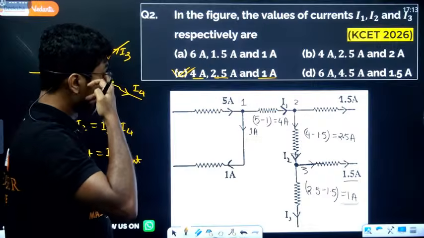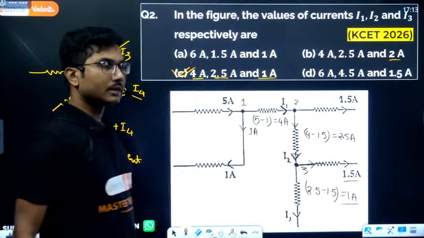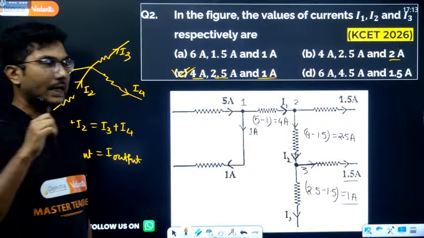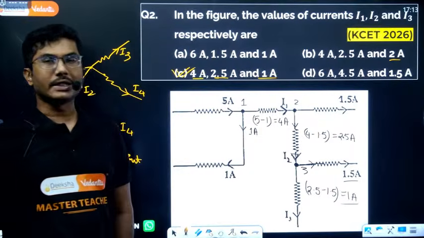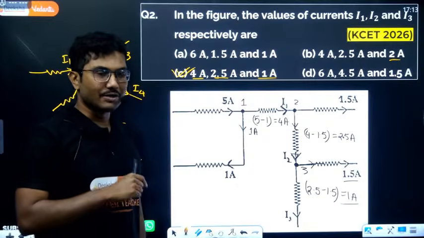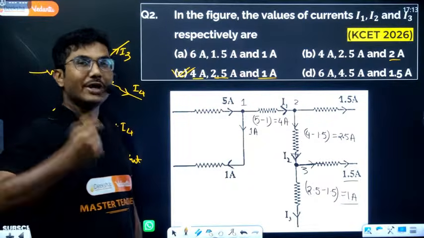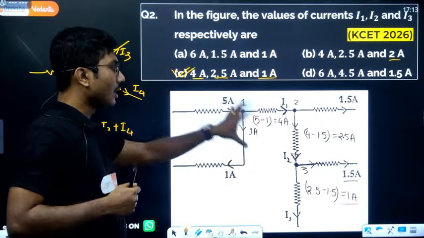There is one more option almost similar except for this 2 ampere thing. So when you are calculating, make sure you double check your calculation once more so that you do not miss out on such easy questions. These easy questions are actually the backbone of scoring well in KCET. The question is easy.